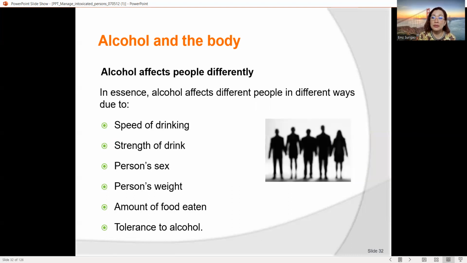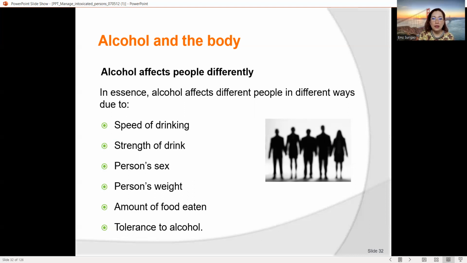Alcohol affects people differently. In essence, alcohol affects different people in different ways due to, first, the speed of drinking. Okay, the strength of the drink that you are drinking, like one shot, how often? Every minute. The strength of the drink, how much alcohol content.